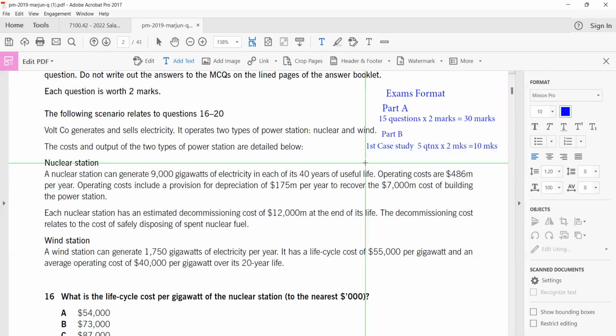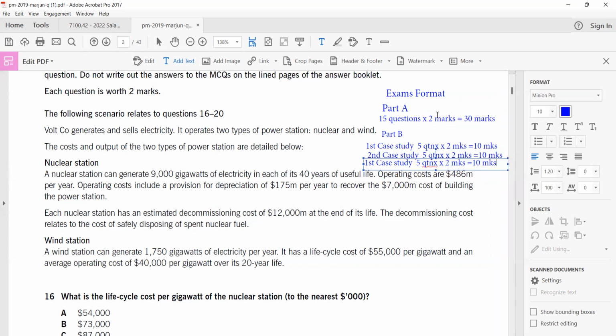For the second case study, let me just copy this and paste, right? It makes life very simple, and it is smart work also. The second case study will also give us 10 marks. The third case study will also give us 10 marks because you have 5 questions each under it.